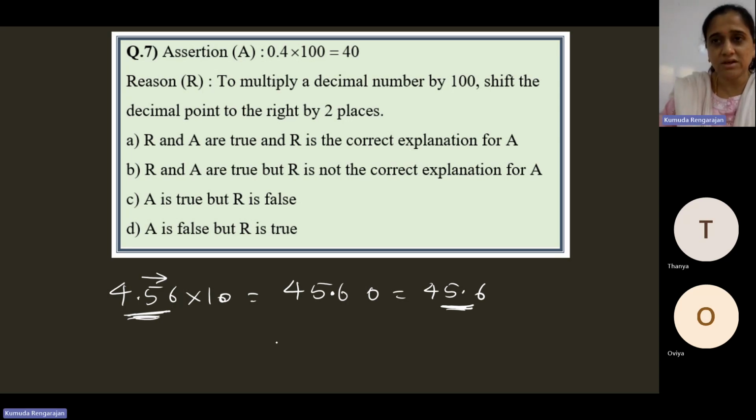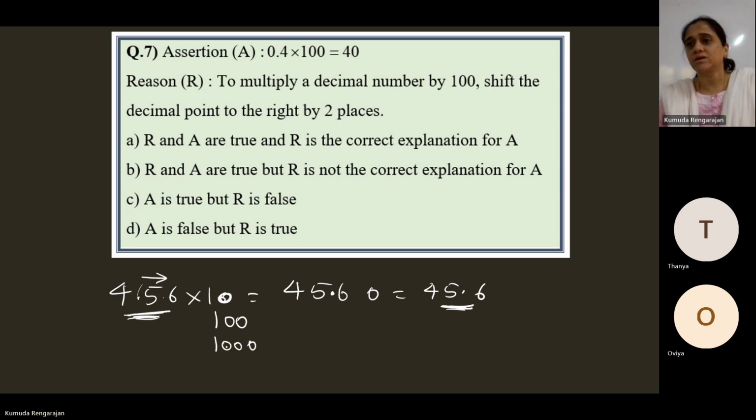Why only 1 decimal place? Because you're multiplying by 10. It will shift by 2 decimal places when you multiply by 100. It will shift to the right by 3 decimal places when you multiply by 1000, by 4 decimal places when you multiply by 10,000, and so on.